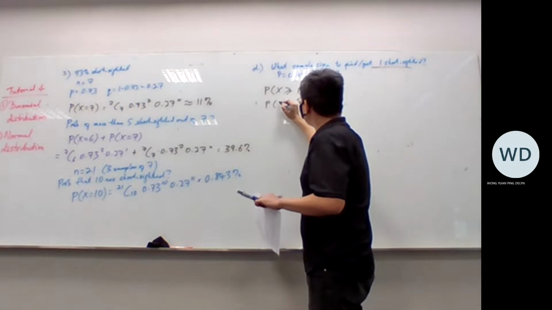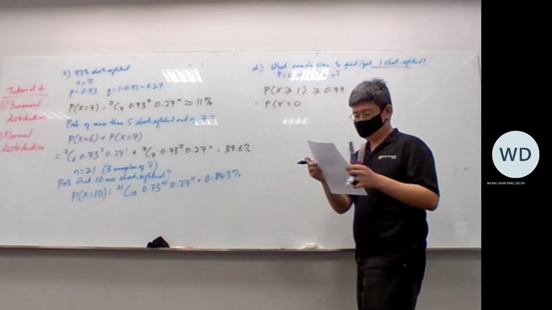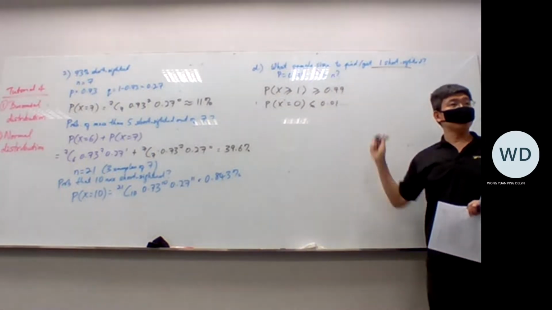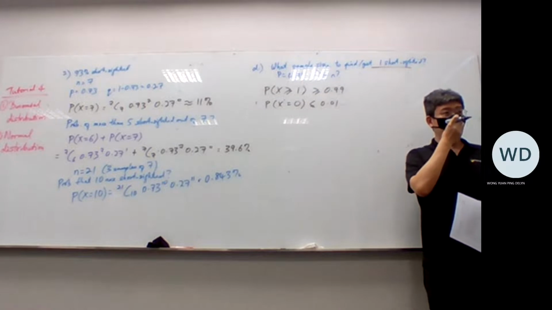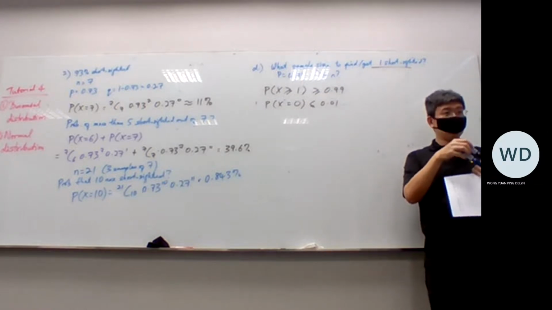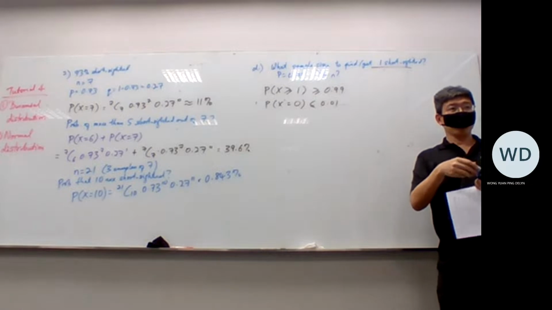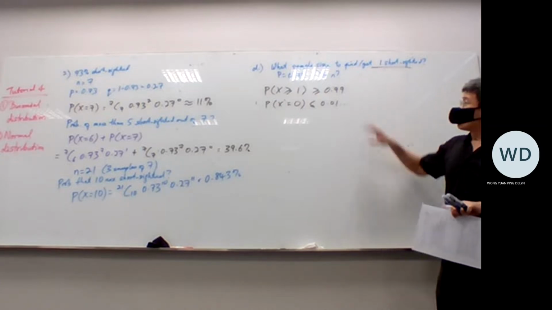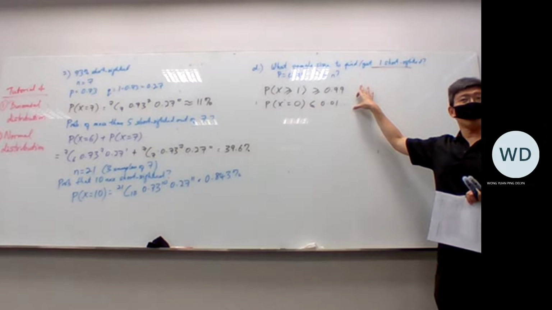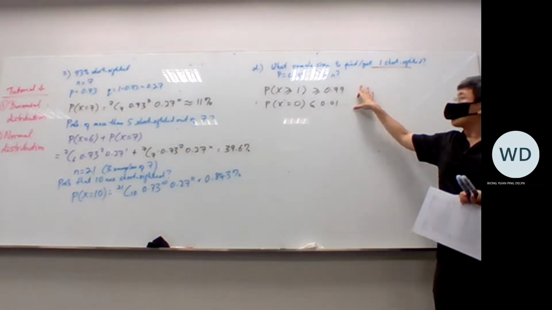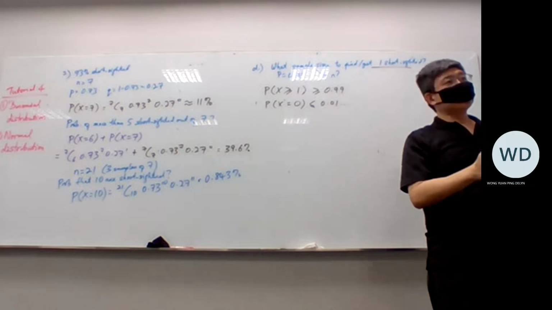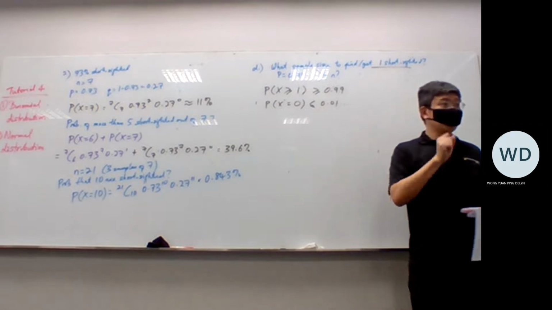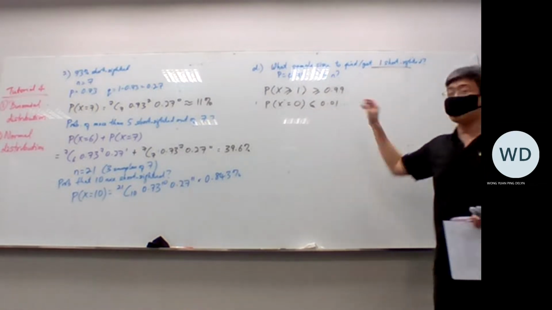The probability of x equals 0 has to be less than or equal to 1%. You're doing the opposite. Makes sense? How many of you get this part first? You want at least one person to be more than 99%, which means that the probability of getting 0, everyone is not short-sighted, is actually less than 1%.